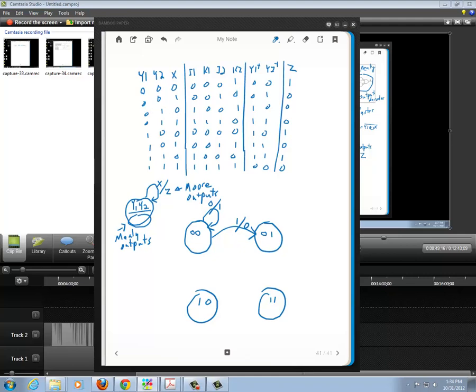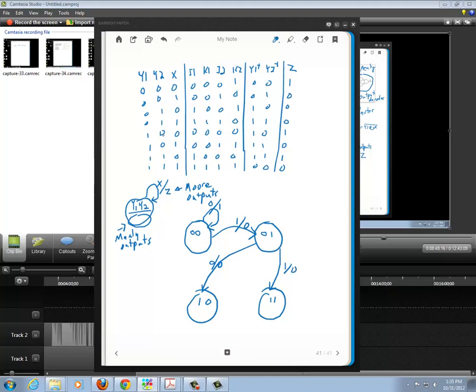Now we're going to go from 0, 1 to 1, 0, so we're going to have this arrow, this third row, when X is a 0 and Z is a 0. So this is going to have a 0 slash 0. Fourth row, we're going to go from 0, 1 to state 1, 1 when X is a 1 and Z is a 0.